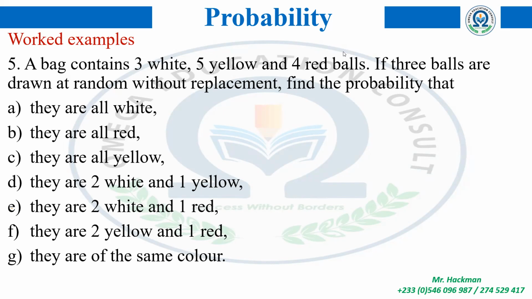So let's see how best we can deal with this question. Again, a bag contains 3 white, 5 yellow, and 4 red balls. So this time around, you can see that we have 3 sets of outcomes, or items, I should say. If 3 balls are drawn at random, so here you know that a specific number of balls are being selected without replacement, so the keyword is there.